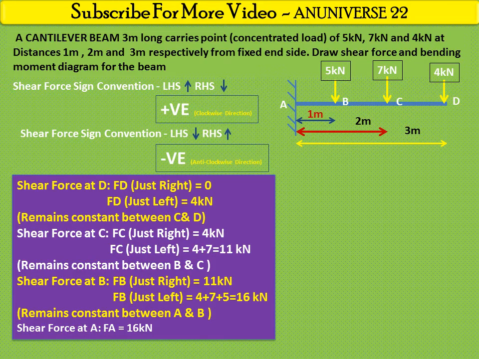All the values are positive, so the shear force diagram will be plotted above the baseline, and the length of the baseline is equal to the length of the beam, that is 3 meters.